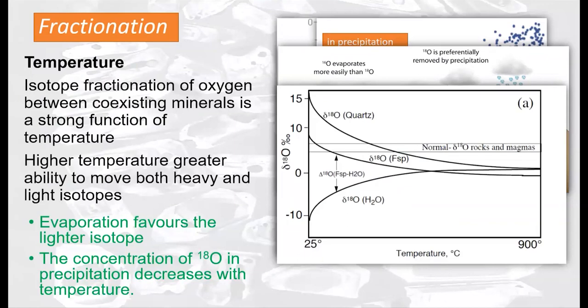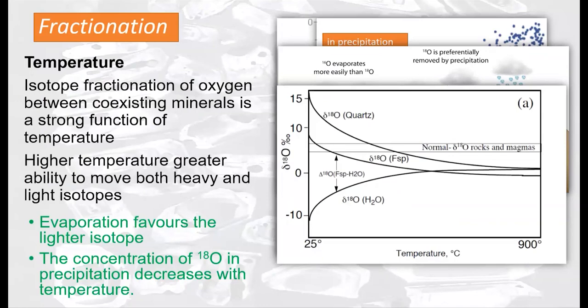The temperature of the process is important, and as Pete pointed out earlier in the morning, you might think fractionations would be higher under higher temperatures, but that's not right. Fractionations, the difference between these two different substances, are greater at lower temperatures. That's simply because at higher temperatures there's more energy, so everything kind of equilibrates.